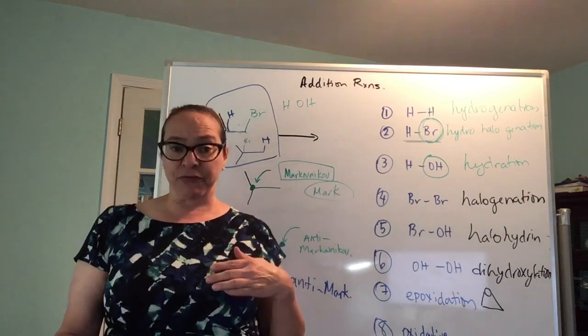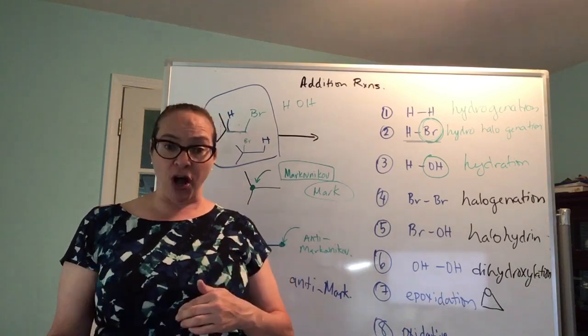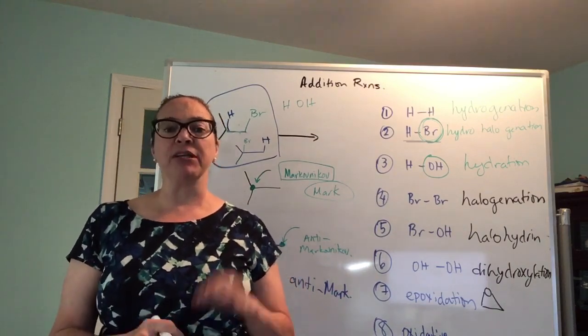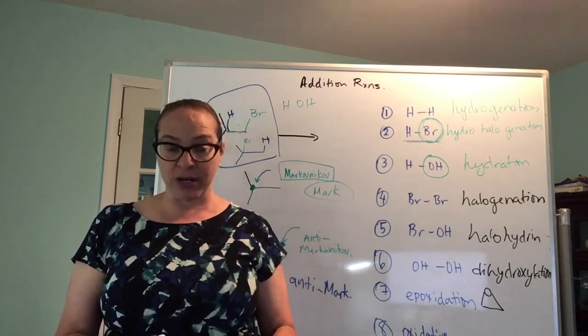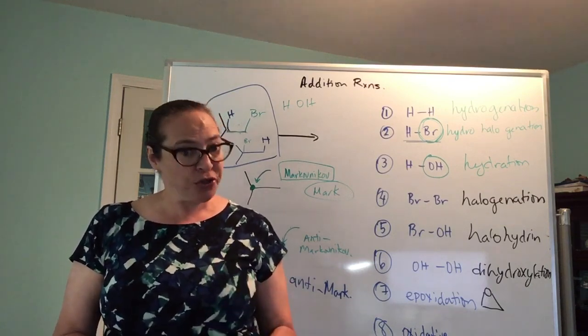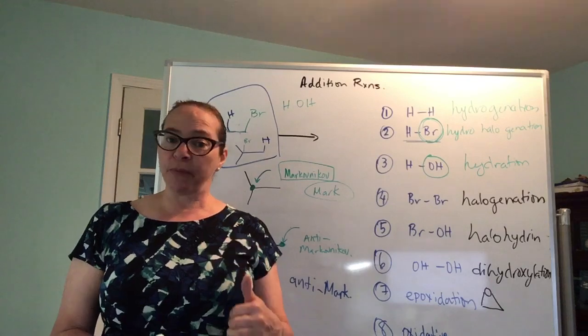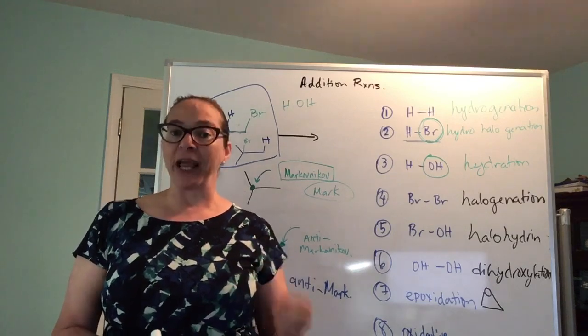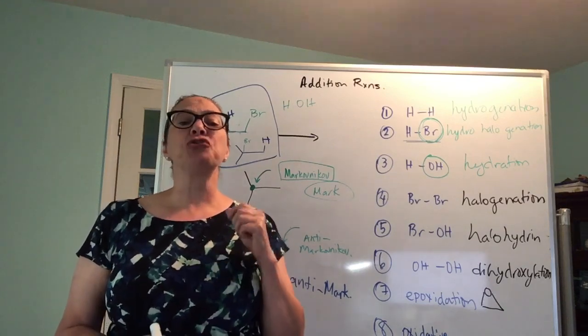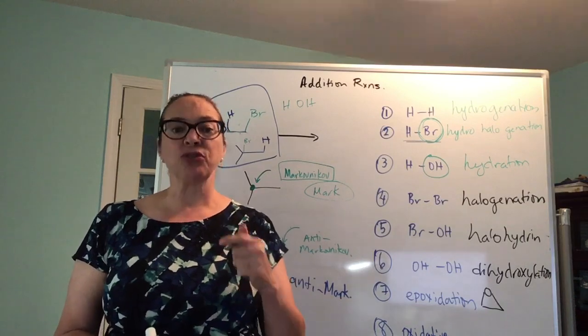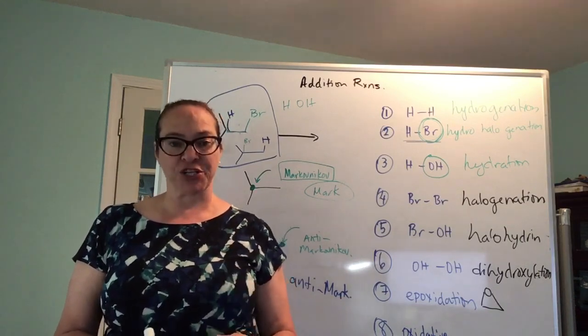So knowing whether a reaction is going to be Markovnikov or anti-Markovnikov is going to be very important. And I can assure you that determining whether a reaction is Markovnikov or anti-Markovnikov is directly related to the mechanism of the reaction.